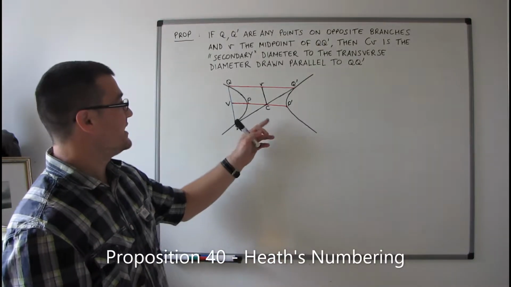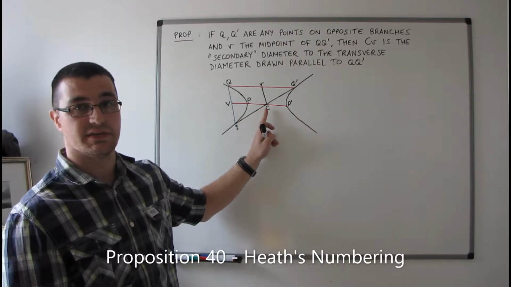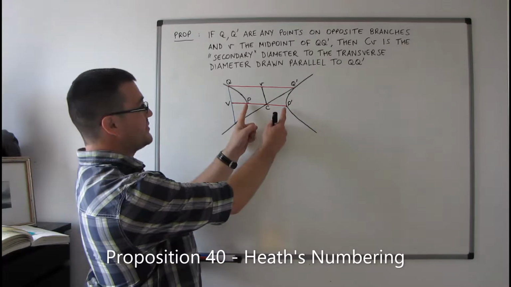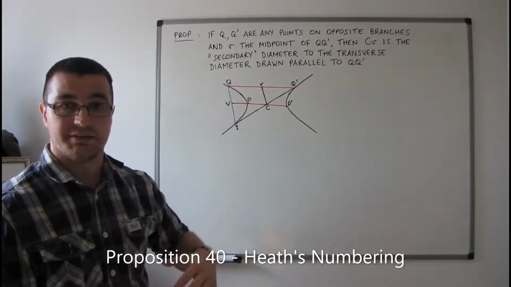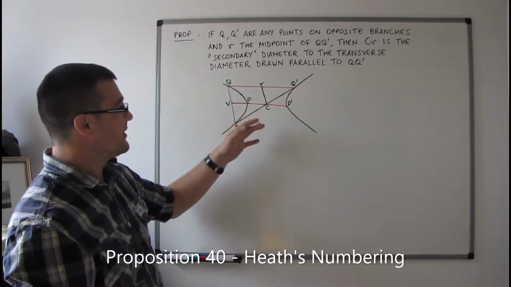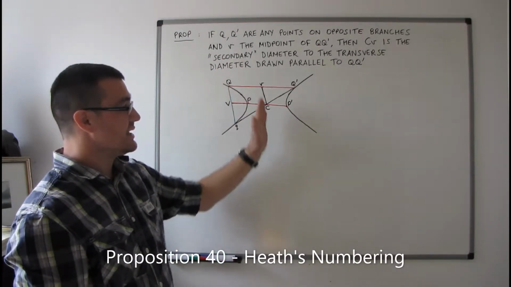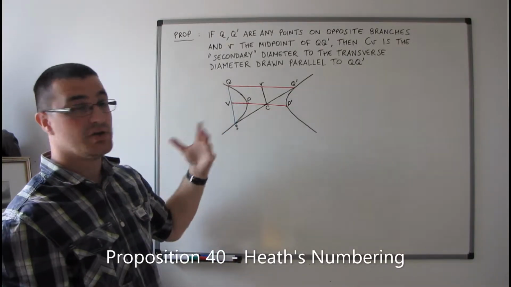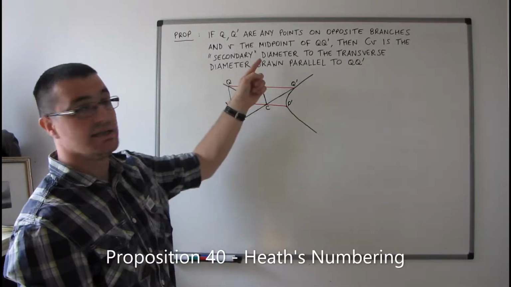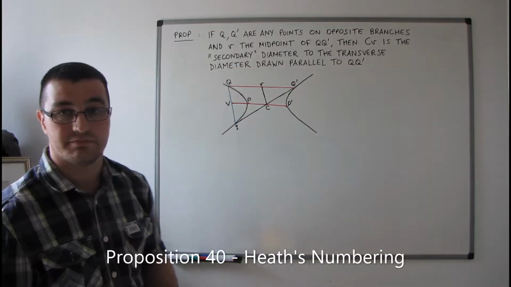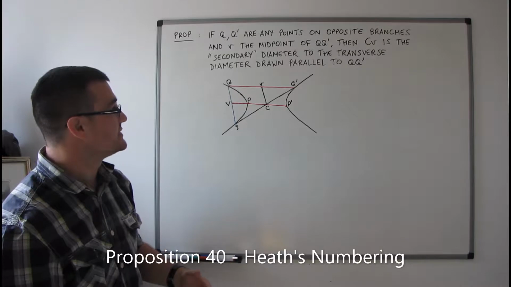There's no guarantee that CV is going to be a mean proportional between the length of PP' and its parameter. However, CV is going to be a conjugate diameter. So I would personally have used the word conjugate here rather than secondary diameter, but that's just a comment I wanted to make.